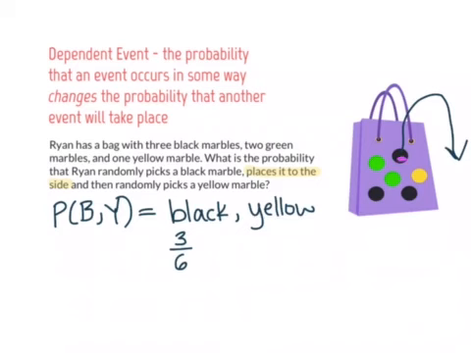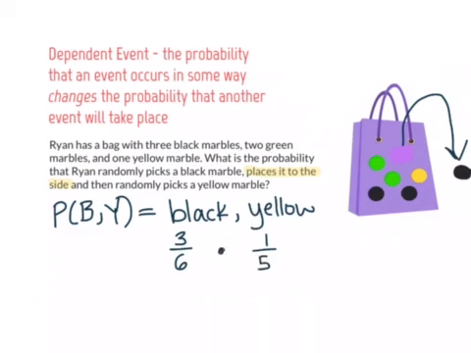Oh, that's not the right color purple. Let me try that one more time. Okay, that blends in a little better. So we're pretending that marble is now out to the side. Because it's to the side, it's no longer in the bag, which means my denominator is going to change for picking the yellow marble. Now I have 1 yellow marble out of a total of 5 marbles to choose from.